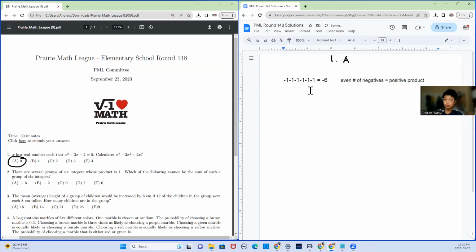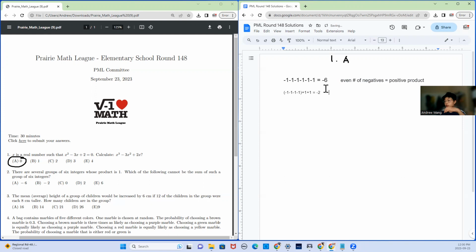So when we go to the next one, which is negative 2, a sum of 6 integers whose product is 1, we can try something like negative 1, negative 1, negative 1, negative 1, which will be negative 4, and then plus 1 plus 1 will equal negative 2.